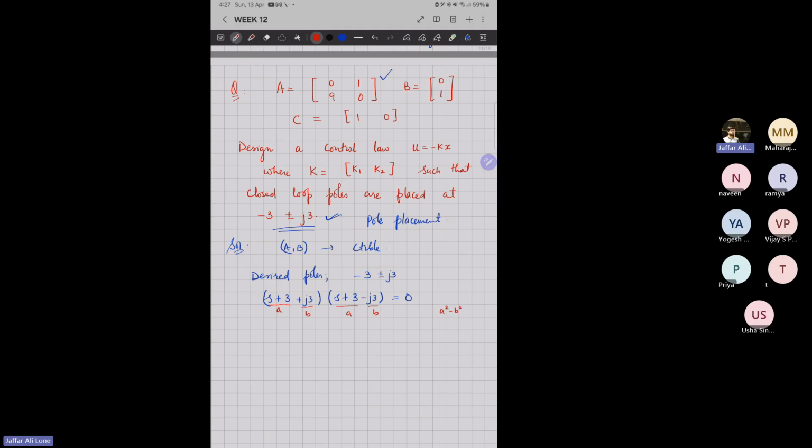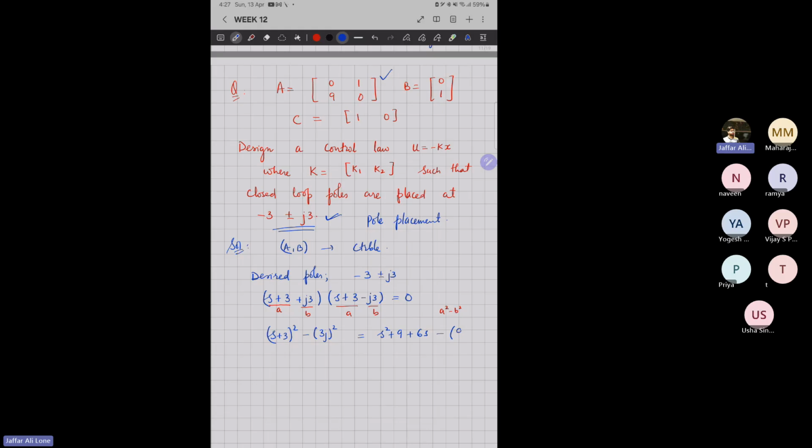So if I solve it, what do I get? a square minus b square, which is equal to s square plus 9 plus 6s minus, what is this?